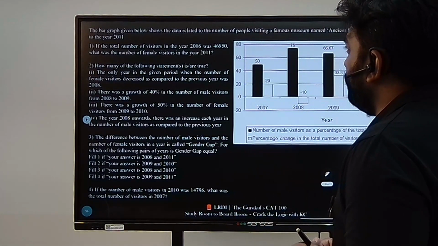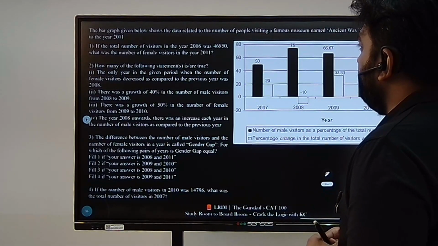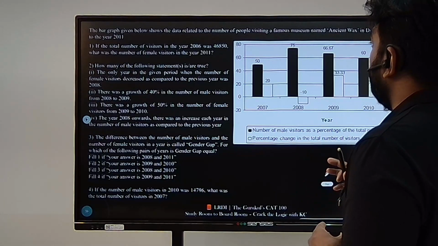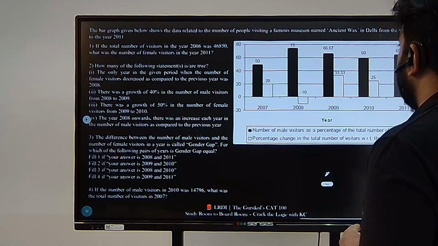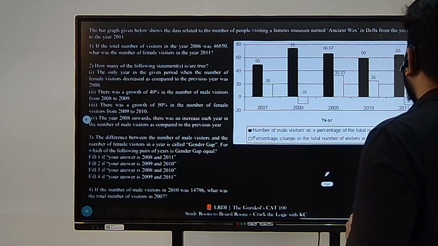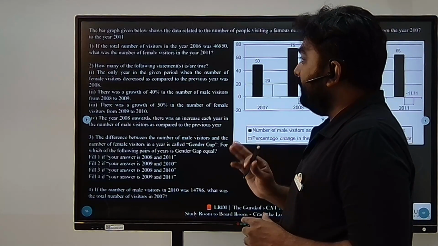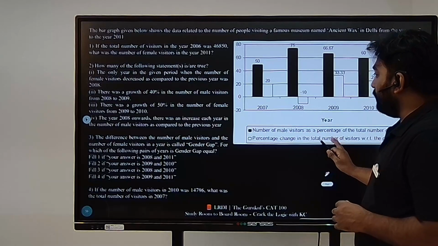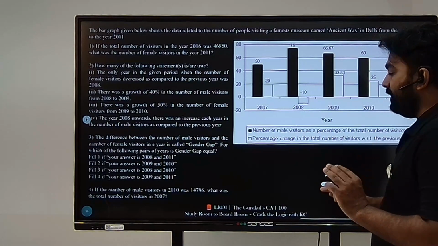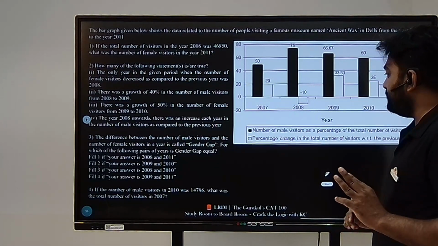In this set they are talking about the bar graph given below, which shows the data related to the number of people visiting a famous museum named Ancient Wax in Delhi from the year 2007 to the year 2011. Now what is that information?